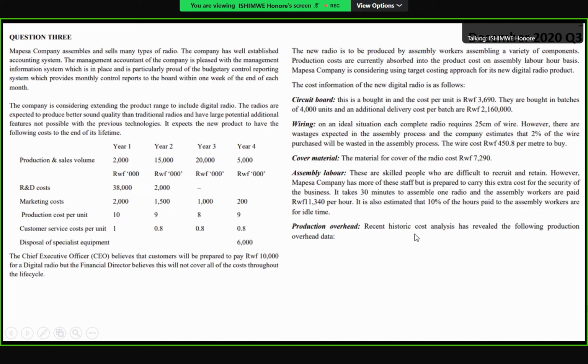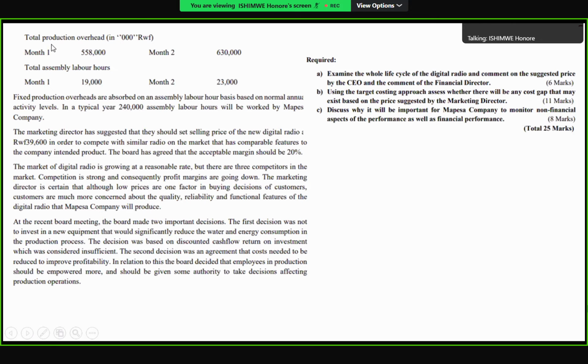Production overhead: recent historic cost analysis has revealed the following production overhead data. Total production overhead in 1,000, month 1. They say total production overhead in thousands. You know why I'm saying this? Sometimes students attempt to answer but mix up the information the way it connects the information.